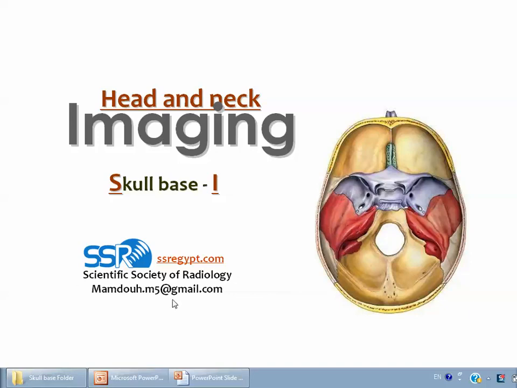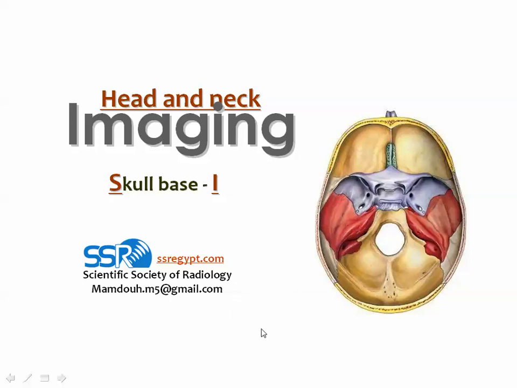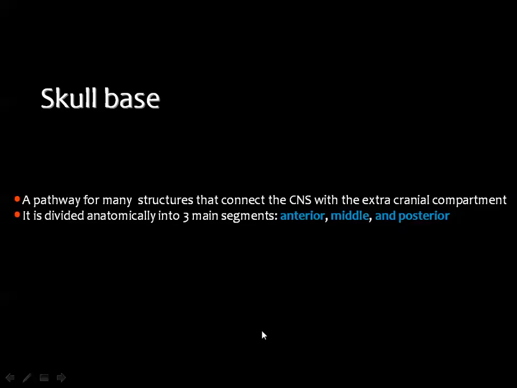As you all know, this is one of the important areas in head and neck imaging because the skull base is considered the pathway for many of the structures going to the intracranium or outside the cranium.